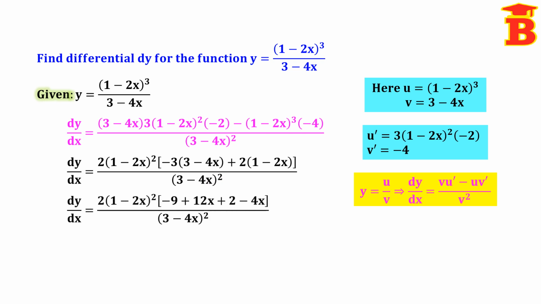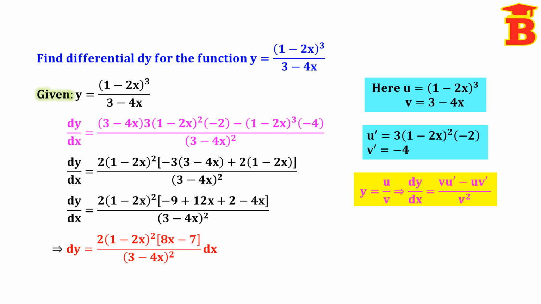So this is dy by dx equal to 2 into 1 minus 2x whole square into this bracket, just to multiply this minus 3 into 3 minus 9, minus into minus plus 3 4s are 12x. This also multiply inside, 2 into 1 2 minus 2 into 2 4x divided by whole square.